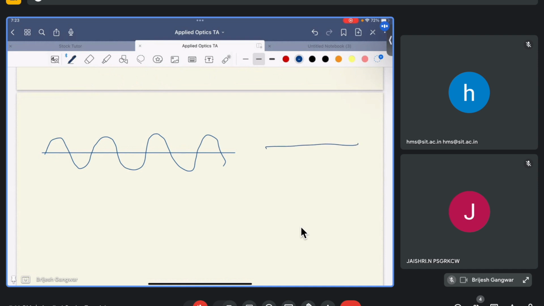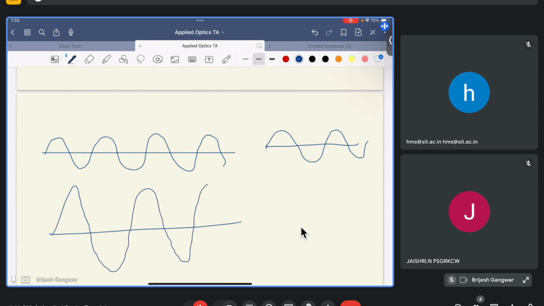So two waves will be coming, right? Whatever phase difference there is, according to that you will get maximum intensity if they are in the same phase initially, and if they are initially out of phase, then the intensity will be minimum. So the amplitude will be decreased, something like that. The things will happen like that.